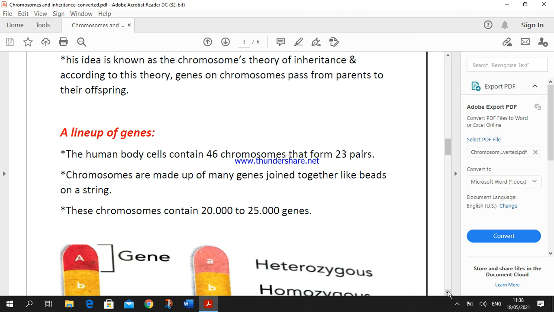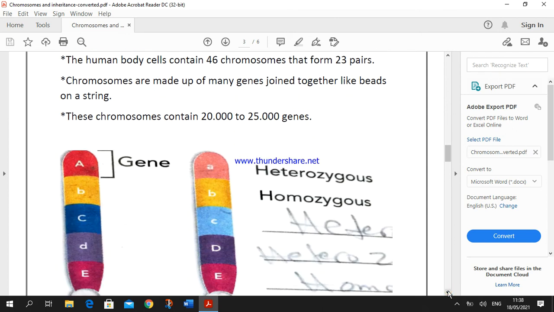According to this theory, genes on chromosomes pass from parents to their offspring. Genes carried on the chromosomes coming from male and female parents can pass to their offspring. Look at this figure.